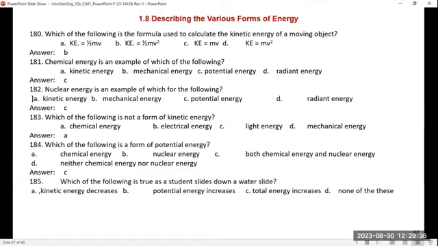Therefore, kinetic energy increases and potential energy decreases. So the correct answer is B. Oh, what is that? D, none of these. Total energy increase, that's not true. None of them are true as listed, because potential energy decreases and kinetic energy increases. Therefore, answer is D.